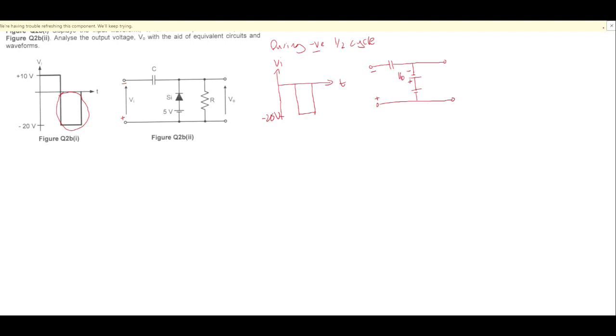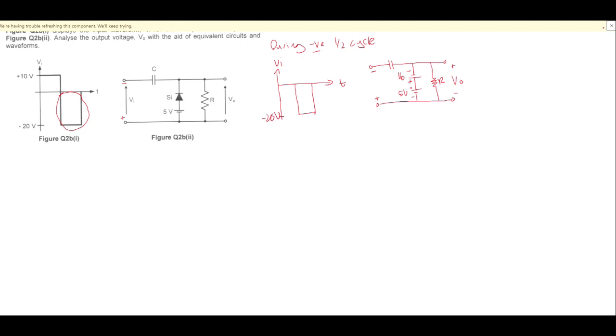For the DC voltage, plus and minus, this one is 5 volt. And you can draw the resistor here. Then here is your output voltage, Vout.